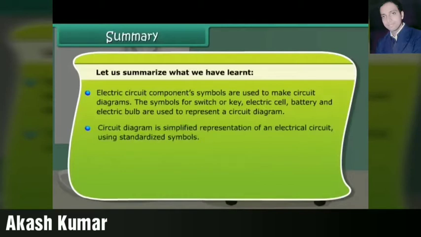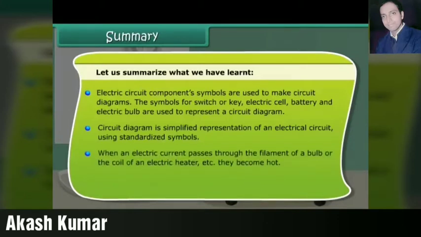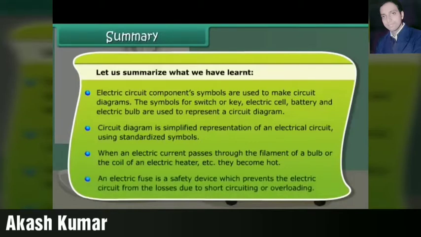A circuit diagram is a simplified representation of an electrical circuit using standardized symbols. When an electric current passes through the filament of a bulb or the coil of an electrical heater, etc., they become hot. An electric fuse is a safety device which prevents the electric circuit from the losses due to short-circuiting or overloading.